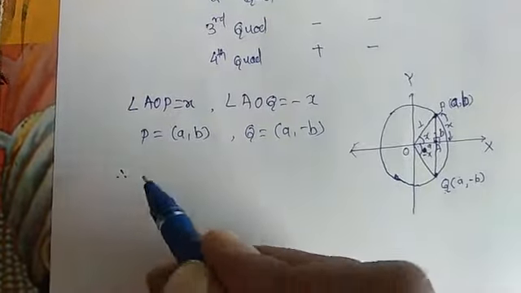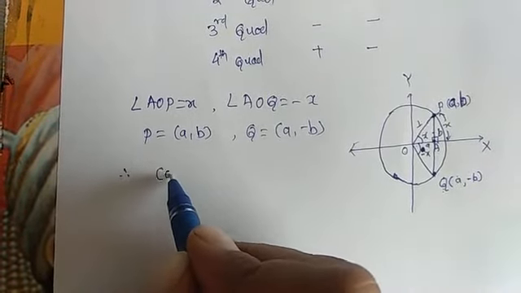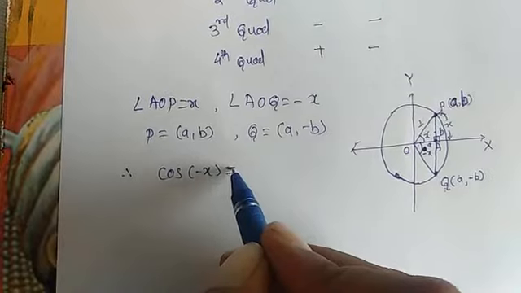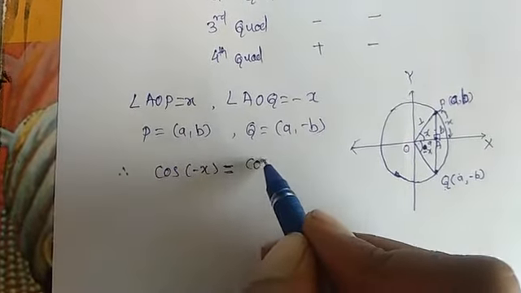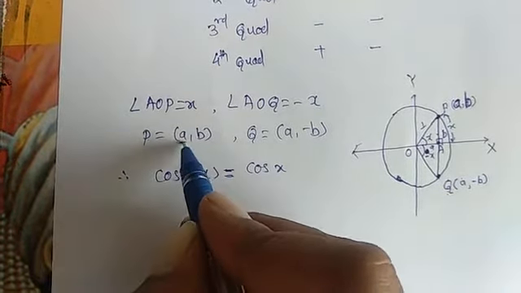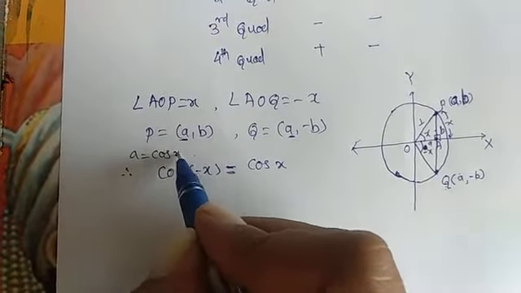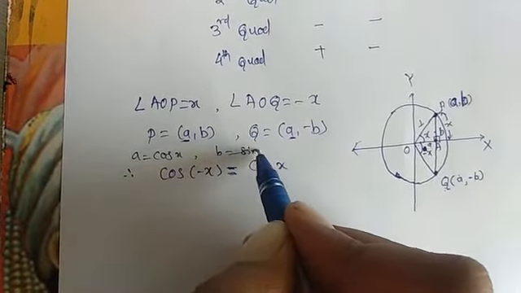Therefore cos of minus x is equal to cos x. Here the first is the same. We know that a is equal to cos x and b is equal to sin x.